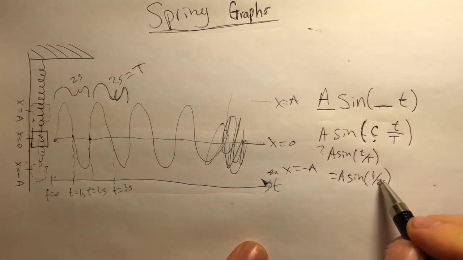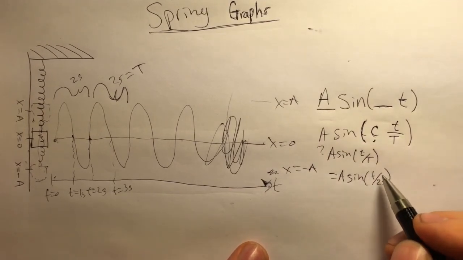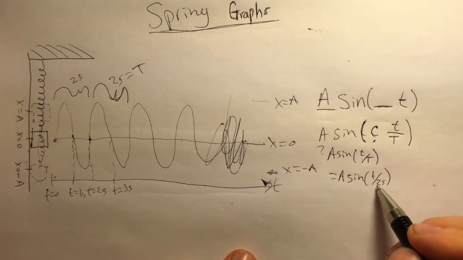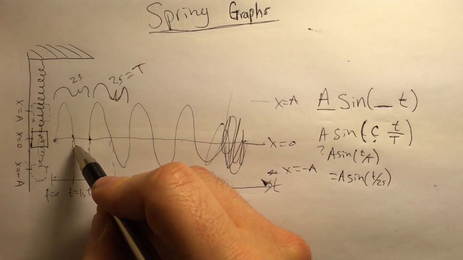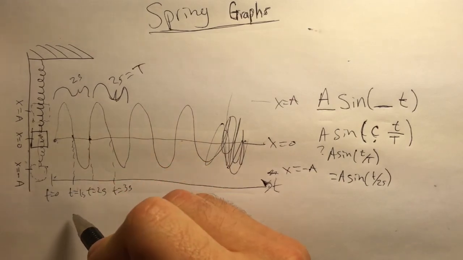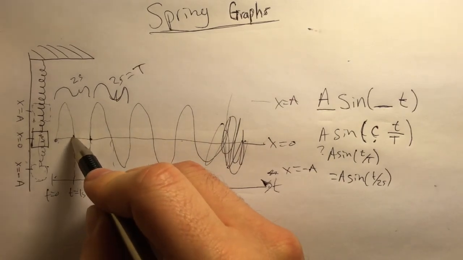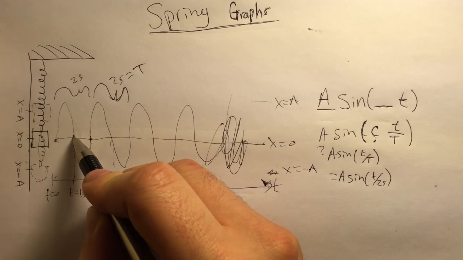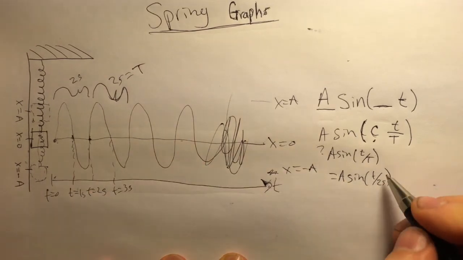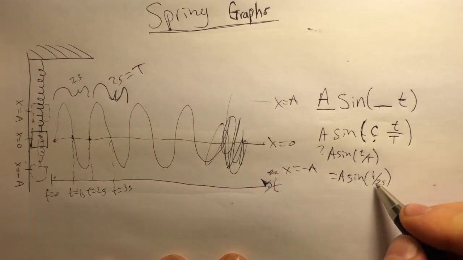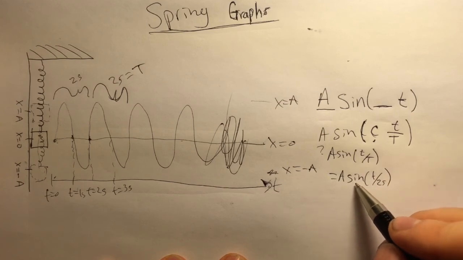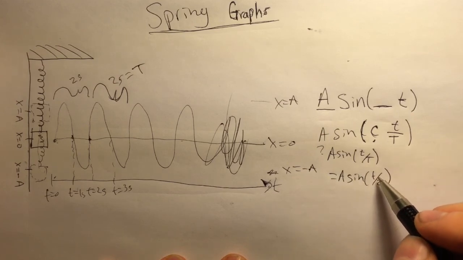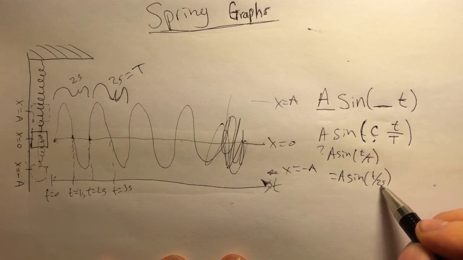So can that be right? Well, let's look at when t equals 1 second. That's right over here, and it looks like our function is going to be 0 there. So do we get that? Okay, so t equals 1 second. It looks like we're going to have sine of 1/2, because t equals 1 second and we have 2 down here.